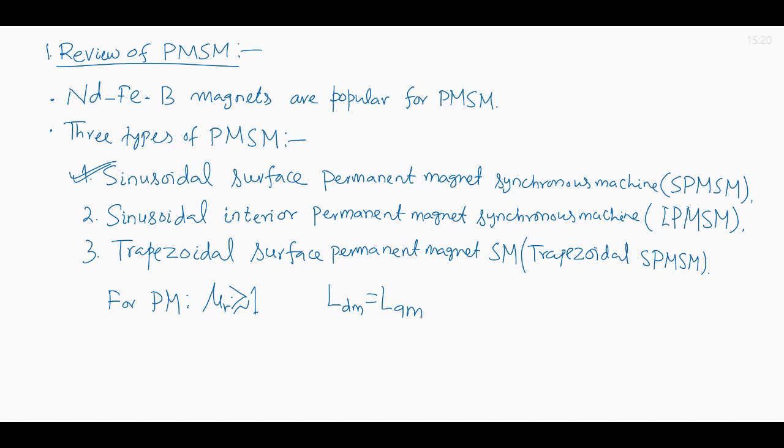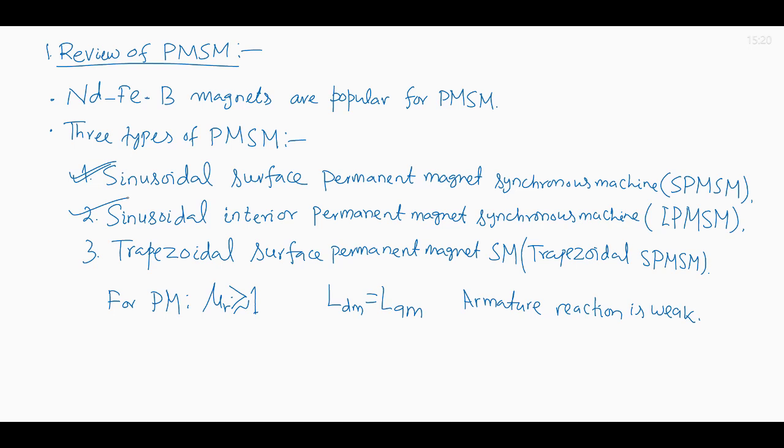Because magnetizing inductance is low, armature reaction is weak. The second type is sinusoidal interior permanent magnet synchronous machine.